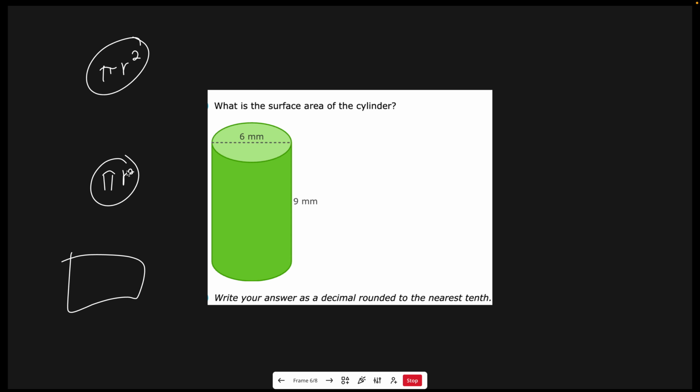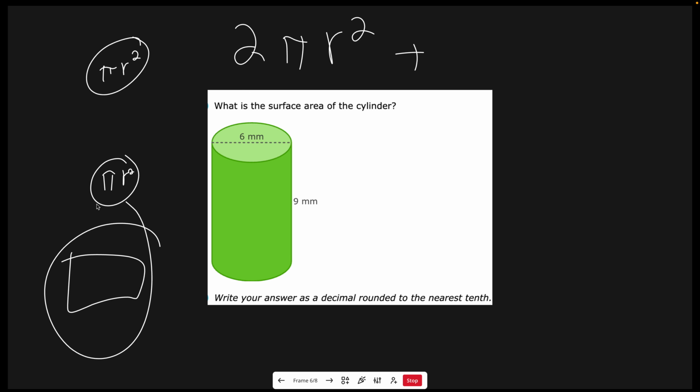So really, we're doing two circles, pi r squared, and we're adding this rectangle. The rectangle is the height of the cylinder, in this case 9, times 2 times pi times the radius. So the rectangle is just 2 pi r h.